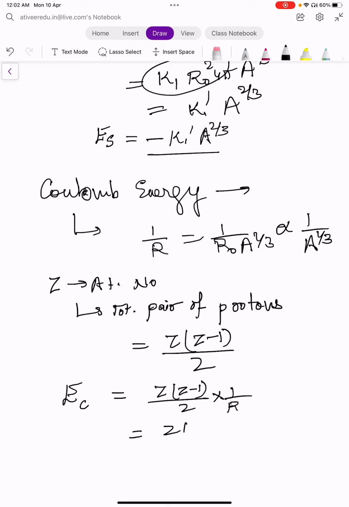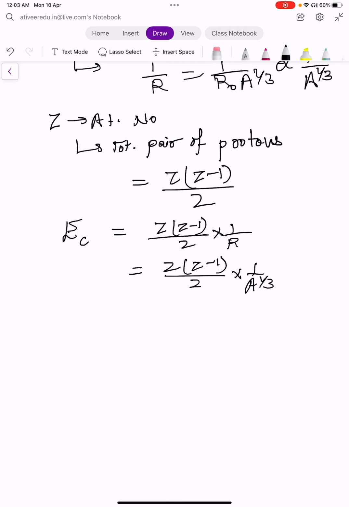Here r is proportional to a to the power 1 by 3, and with a proportionality constant, say k3, it is equal to k3 Z into Z minus 1 by 2 into a to the power minus 1 by 3.